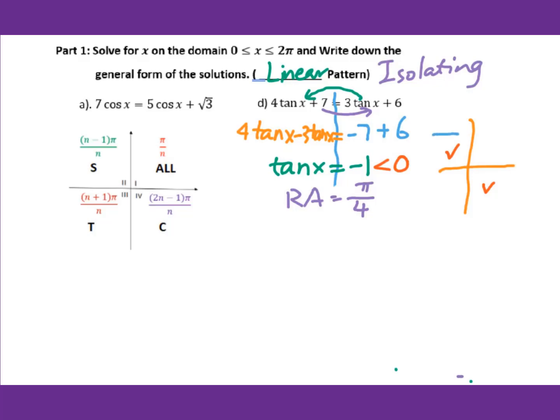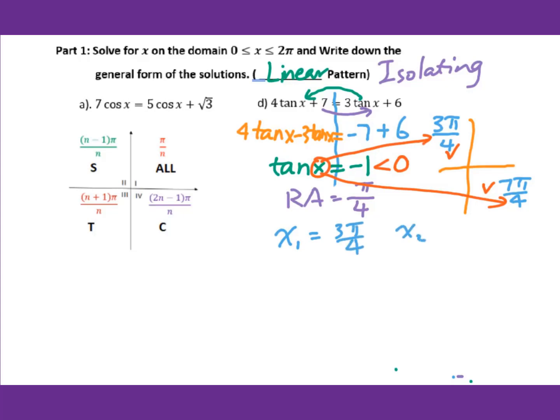The second quadrant, that's 3 pi over 4. This one will be 7 pi over 4. So we write down x1 equals 3 pi over 4, x2 equals 7 pi over 4.